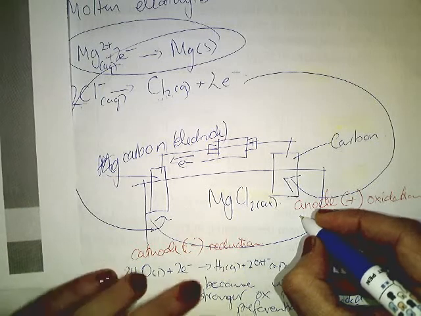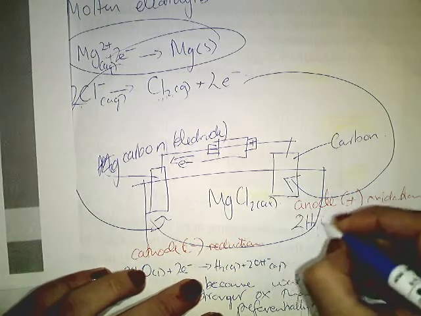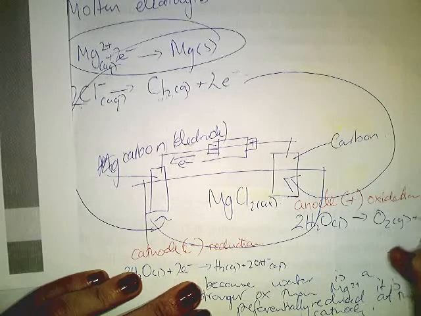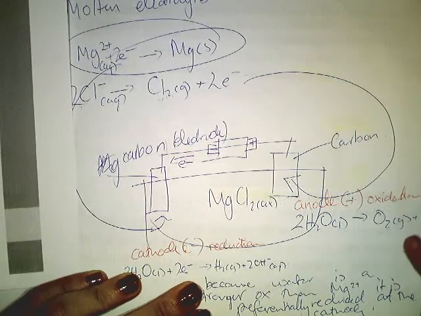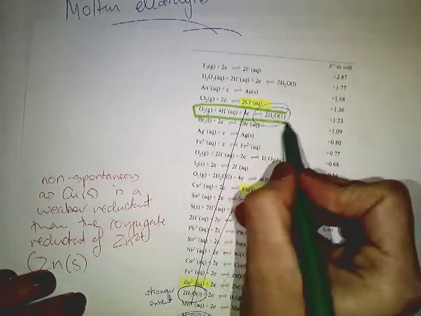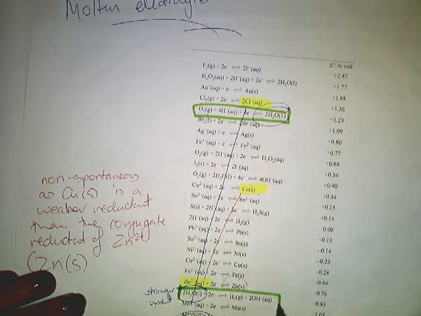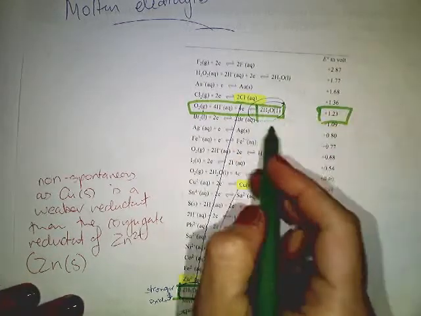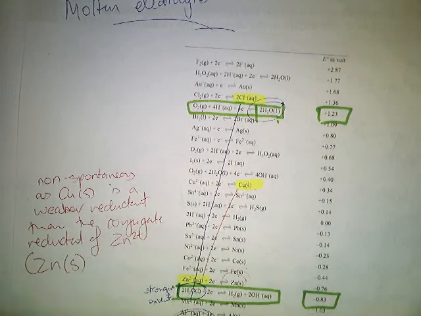Sorry. Okay, so 2H2O goes into oxygen. I really want you to know these reactions. When you're in your chem exam, highlight these reactions. These are the really important ones. Water acting as a reductant here and as an oxidant here.